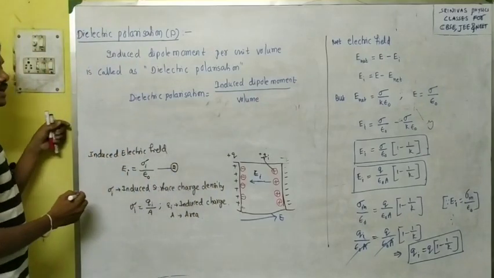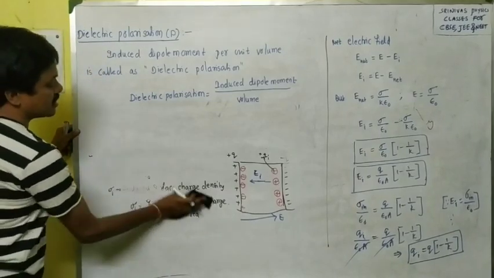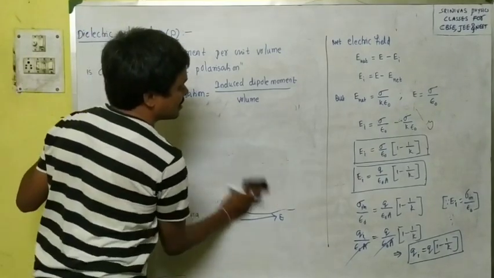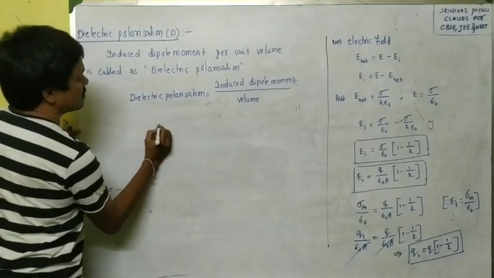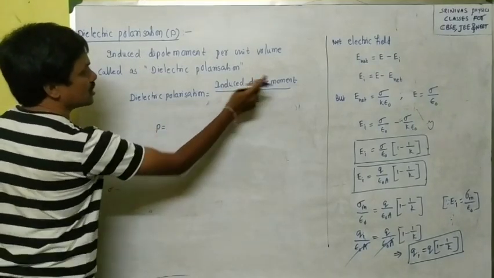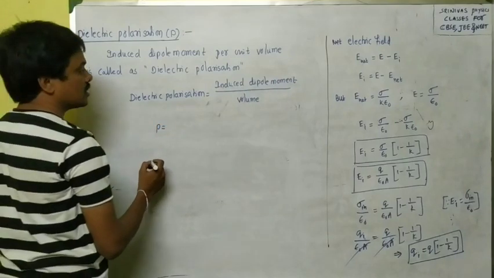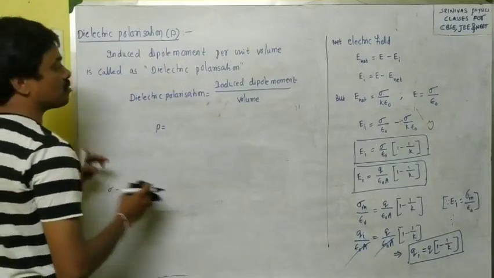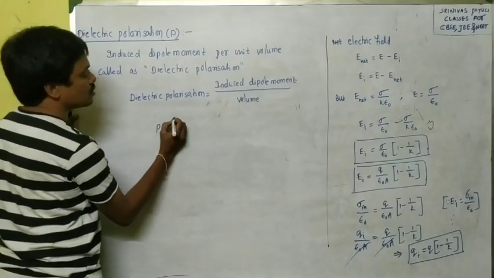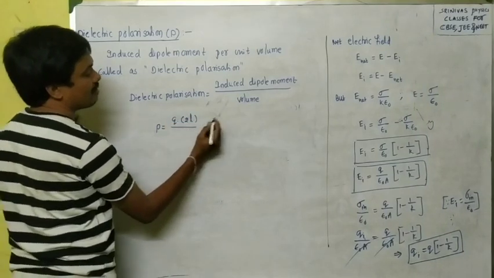The formula is induced dipole moment by volume, and here the induced dipole moment we write as induced charge into dipole length, by volume.